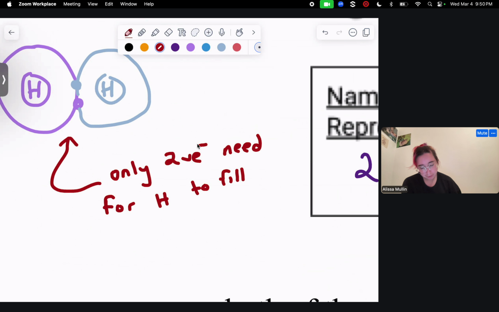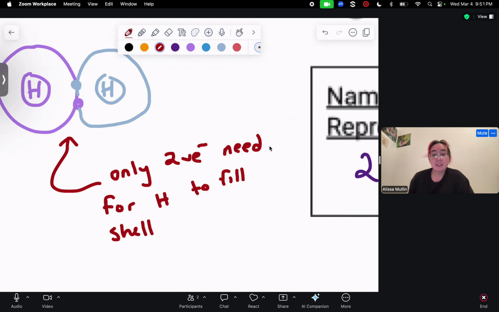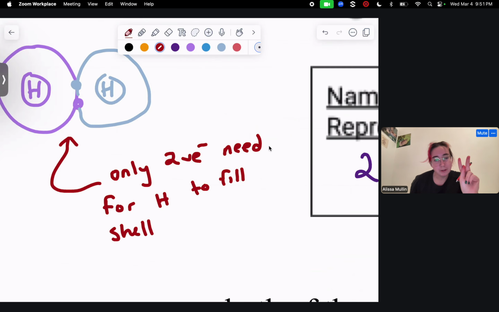The first shell, if you want, the small shell. So every single time you have a hydrogen, it's always just going to have 2 electrons.